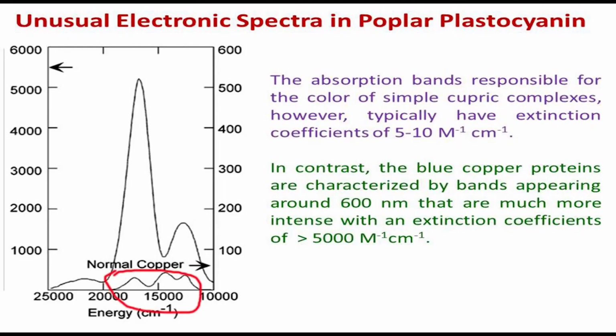As you can see, they are all low intensity bands. In contrast, in the blue copper protein there is a highly intense band around 600 nanometers with an extinction coefficient of more than 5000 mole inverse centimeter inverse. So, a huge spectral change between normal copper and blue copper.